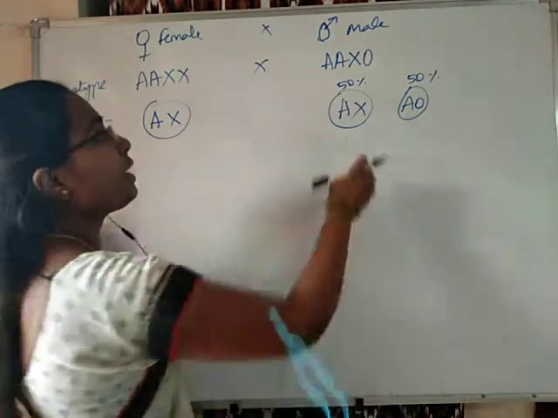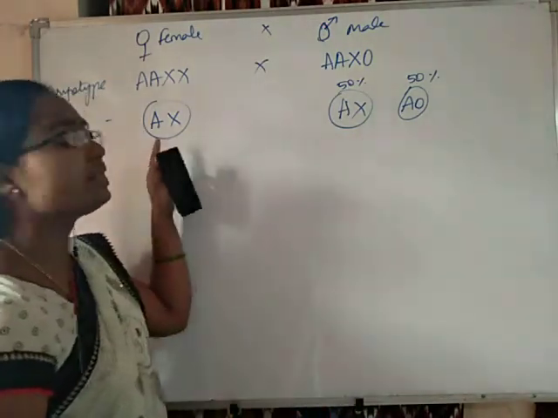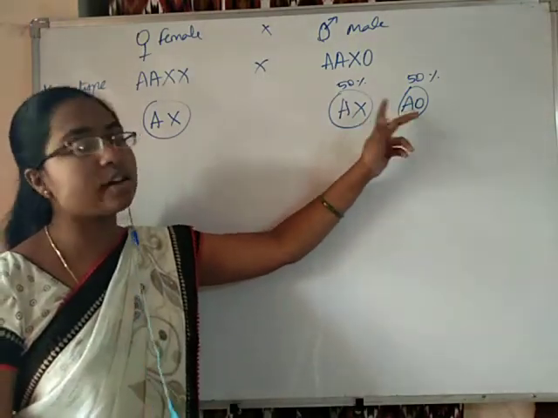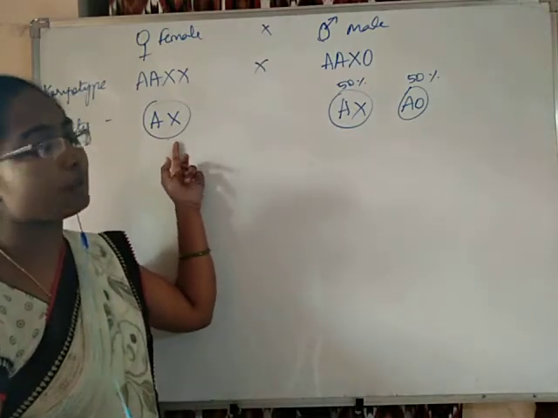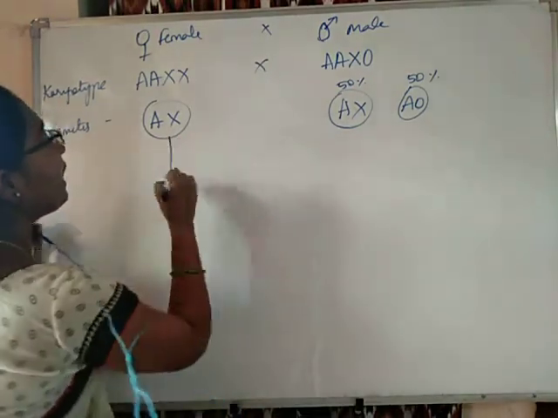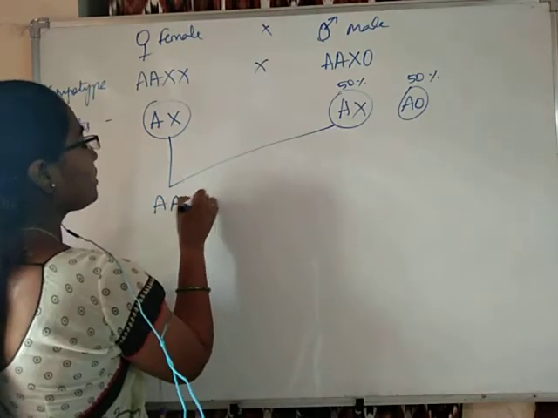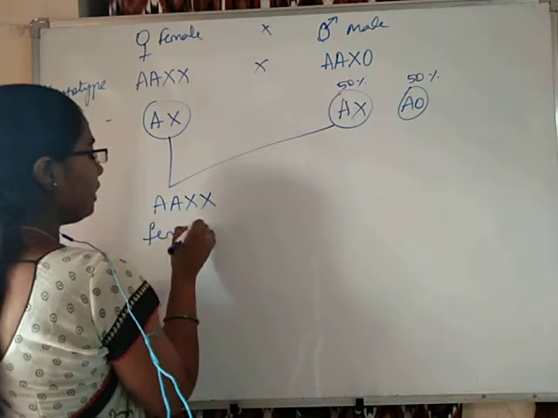So now both types of gametes from males have equal chances of fertilizing the ovum. Both the sperms, AX or AO, have equal chances of fertilizing this ovum. So let us see. If AX is fertilized by AX, AAXX will be the individual and this individual will be a female.